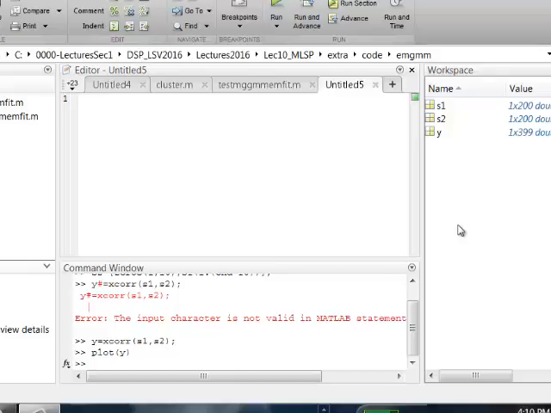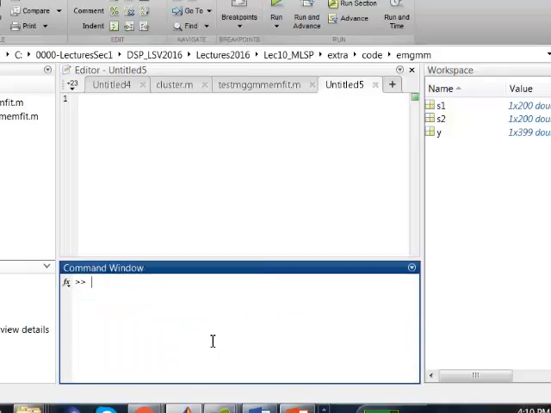Just to practice the first part of the lecture, let's have a very simple example in MATLAB. Assuming that we have time starting from 0 with a frequency of 1 kilohertz to 4 seconds.